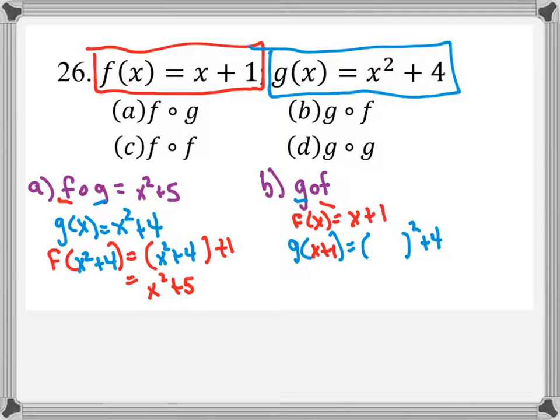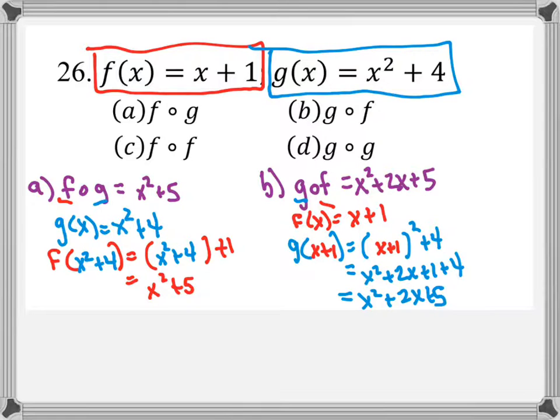I'll write my g function, which is x squared plus 4, but instead of writing x, I'll put parentheses so I can substitute in the x plus 1. So now I'll simplify x plus 1 quantity squared plus 4 and get x squared plus 2x plus 1 plus 4, or x squared plus 2x plus 5. So g of f is x squared plus 2x plus 5.